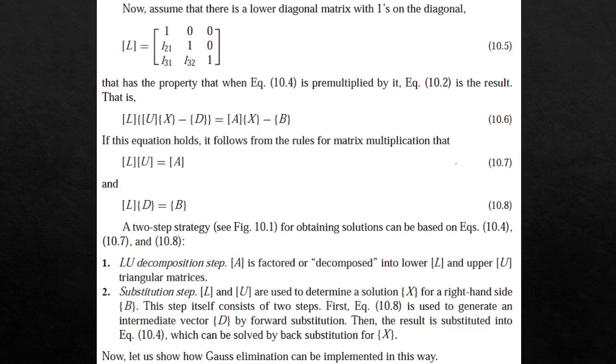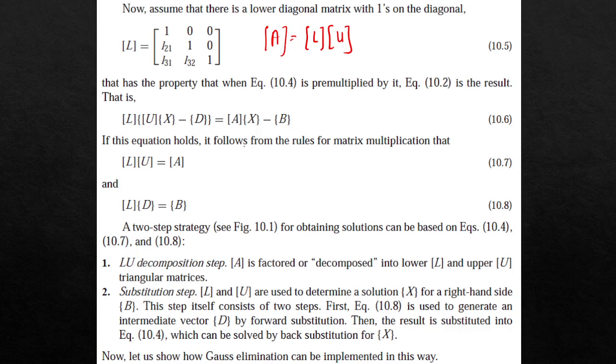Before that, since you have equations for lower and upper, the original matrix equation is decomposed into two matrices. To reconfirm and check if you are still on track, if you multiply those two matrices, the lower and the upper, it should be equal to the original matrix. So that is one way to confirm it.